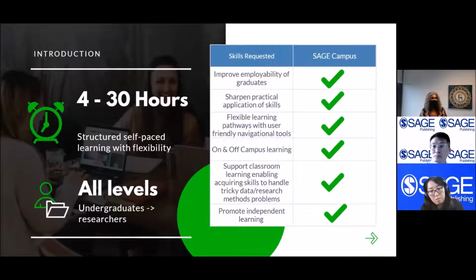And if they go into research, they are usually much better in that sense. So how do we sharpen their application of the skills and make it more practical? How do we also make it flexible for the lecturer to be able to use this in a classroom setting?